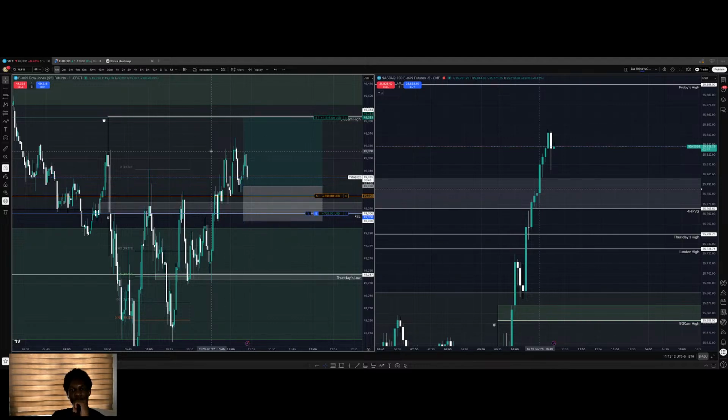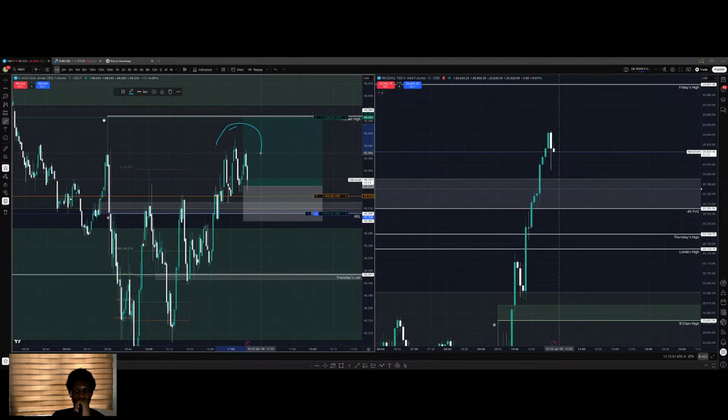Right now it's forming this. How do I draw this out for you guys? It's forming this, and usually when it forms that, it means it's willing to go lower.